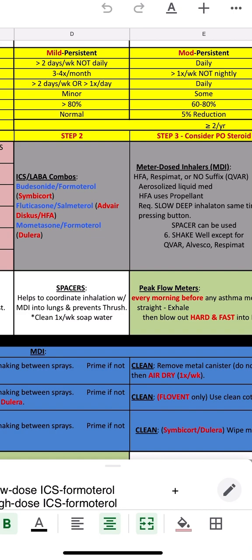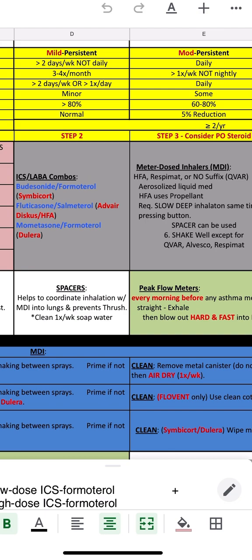Symbicort, how do you remember Symbicort? You have a body that forms a symbol. Cort is a corticosteroid. Budesonide is a corticosteroid. But-form, Symbicort.